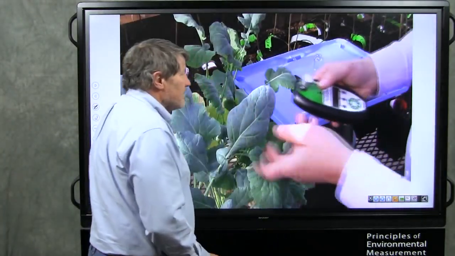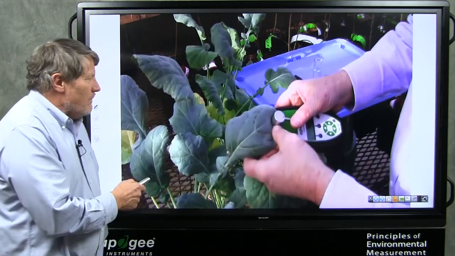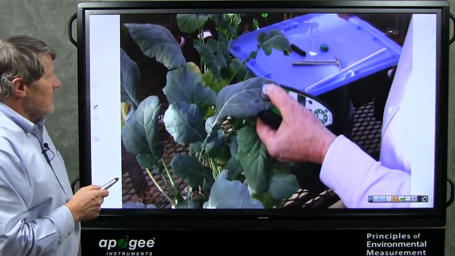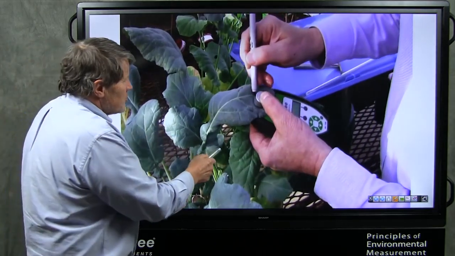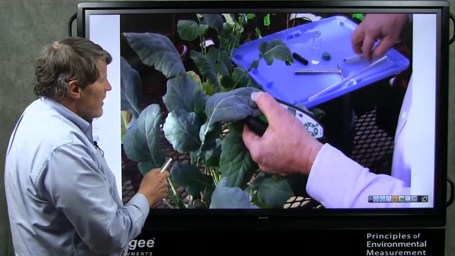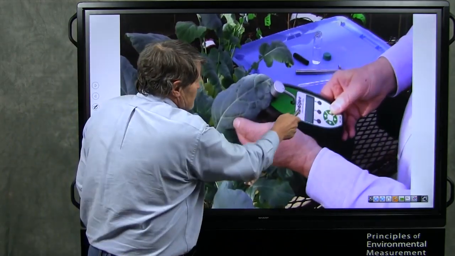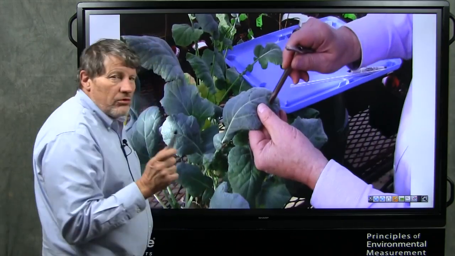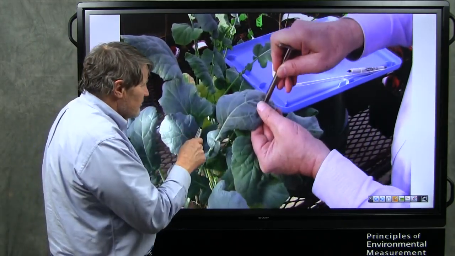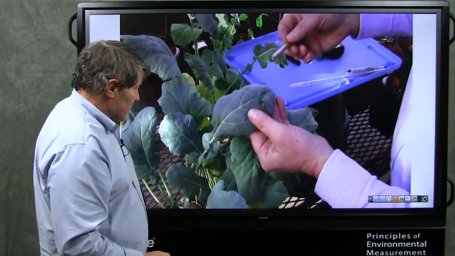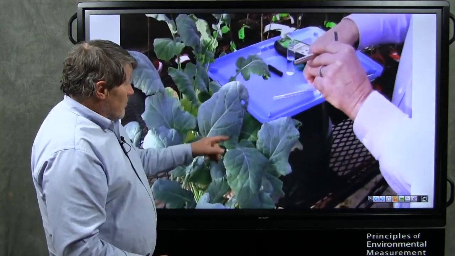Let's take a look. This is a video shot in the laboratory of making an optical measurement with the meter and then very carefully marking where that measurement was. Underneath this is the reading of the amount of chlorophyll to write down. Now, in order to get the gold standard, you have to take that disc out from the exact same spot on the leaf that the measurement was made.